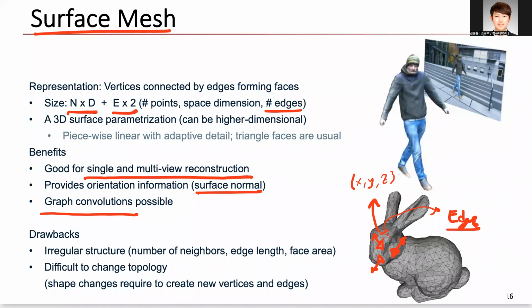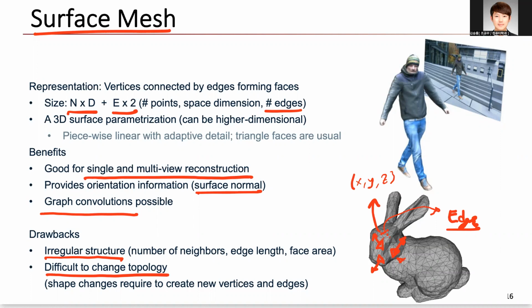Drawbacks are irregular structures: the number of neighbors, the edge lengths, and the face areas vary a lot, and it is difficult to change topologies. If we have these surface meshes, this edge information is already determined, so it is really hard to change this topology information.